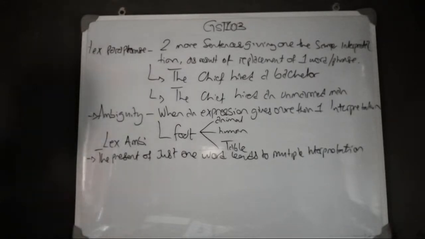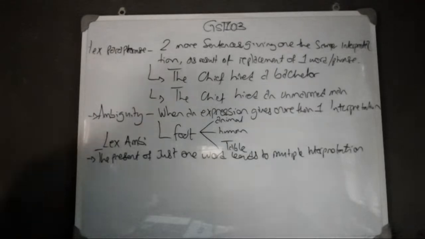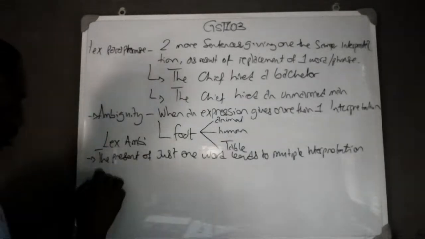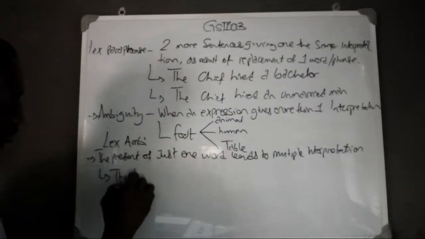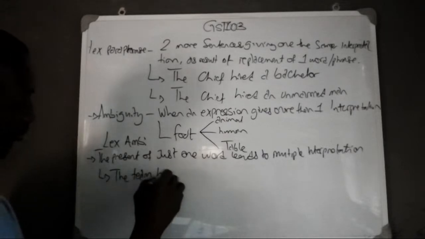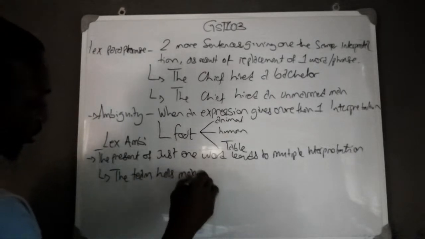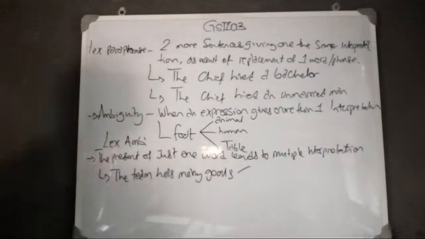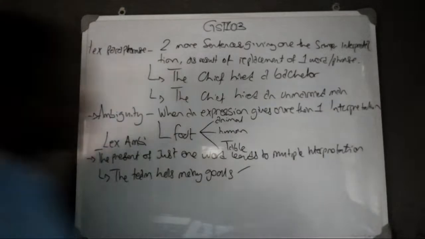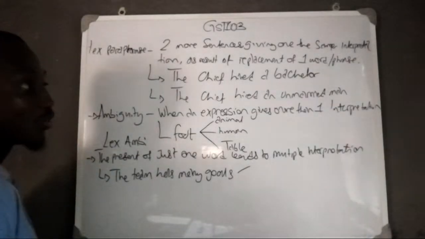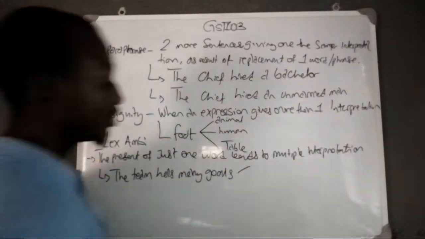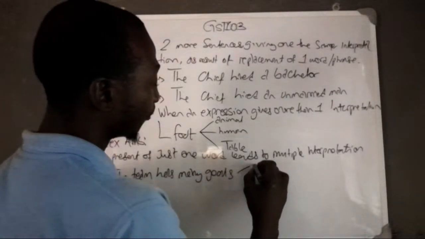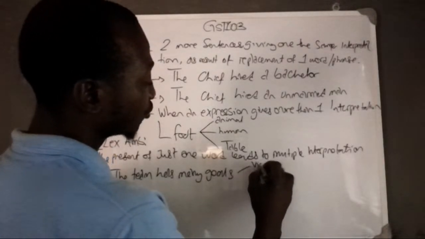Now, let's take for example, the team has many goals. Now, goals could be in the sense of the total number of goals this particular team has scored for the season, could be victories.